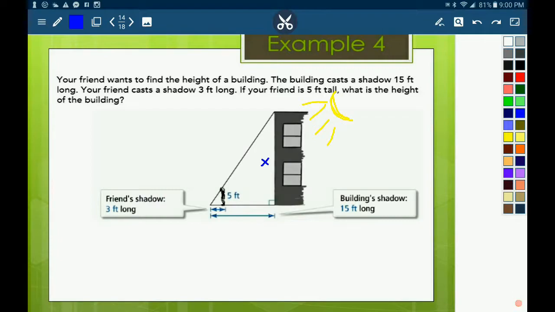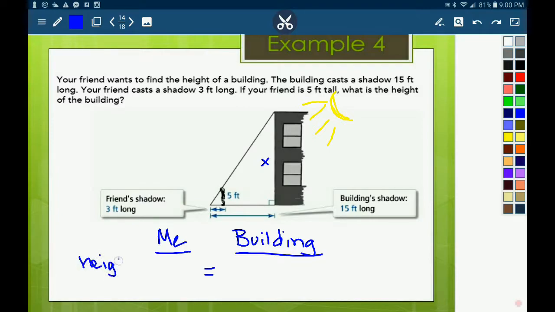So our categories will be the friend and the building. And we also need to organize that, so let's have the numerator be the height and the denominator be the shadow length.